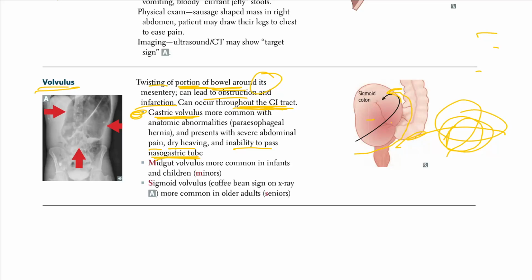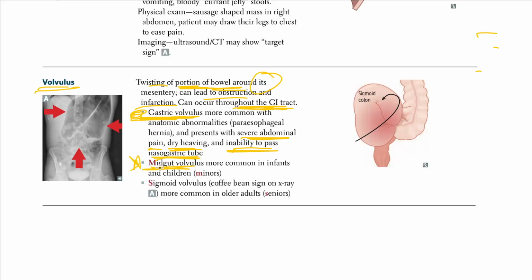So now you cannot pass an NG tube because you can't cross this thing. It's twisted. That's only with the gastric volvulus.